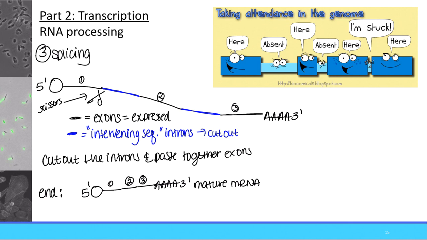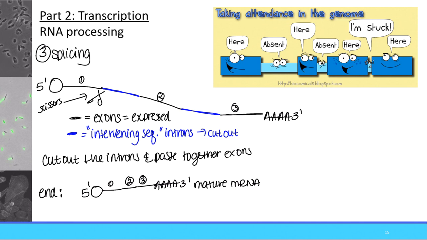And if you're wondering, okay, why the heck do we do splicing? How did this evolve? One of the reasons behind the idea of splicing and why we think it evolved is you can actually mix and match exons. So here we have drawn an mRNA that has exons 1, 2, and 3. But even though exons are considered expressed, you can sometimes actually cut exons out as well.